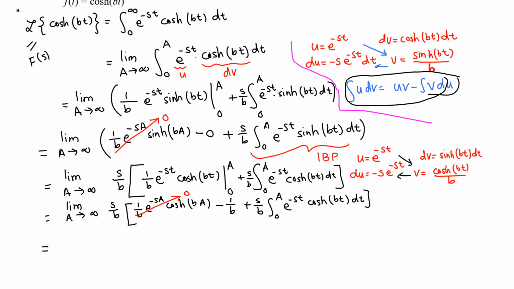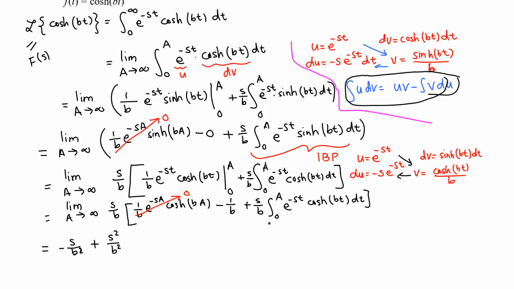So we have now s over b, this is 0, minus we multiply with 1 over b, so s over b times 1 over b, that's negative s over b squared, plus s over b times s over b, s squared over b squared, and the limit of this.